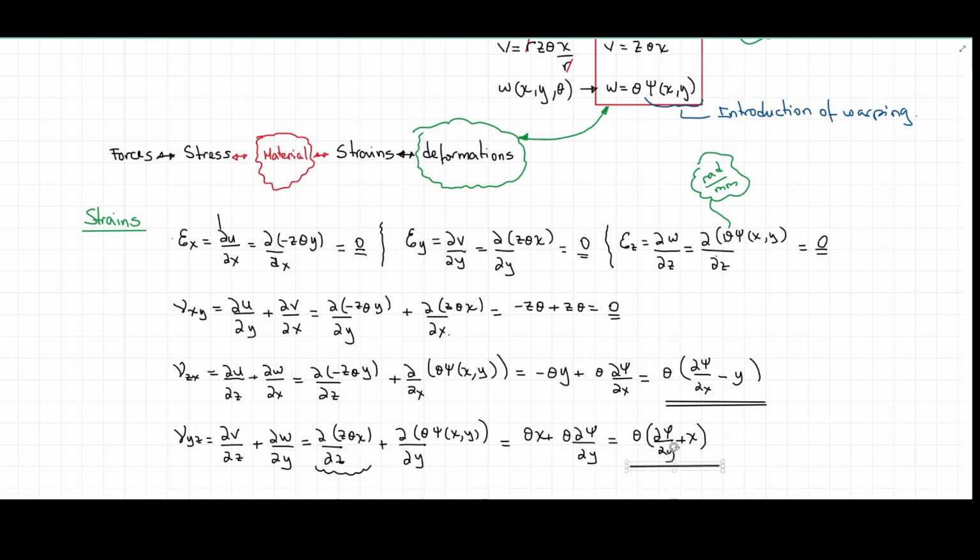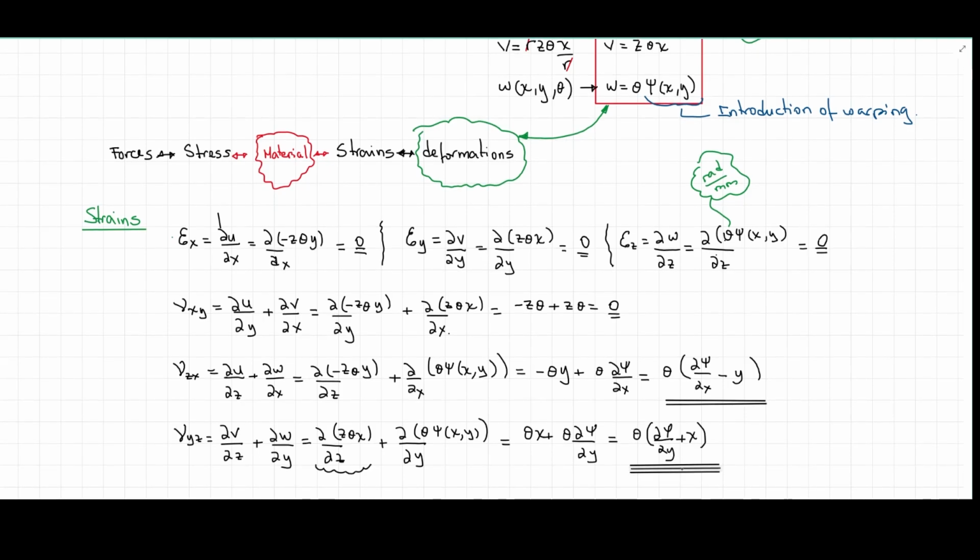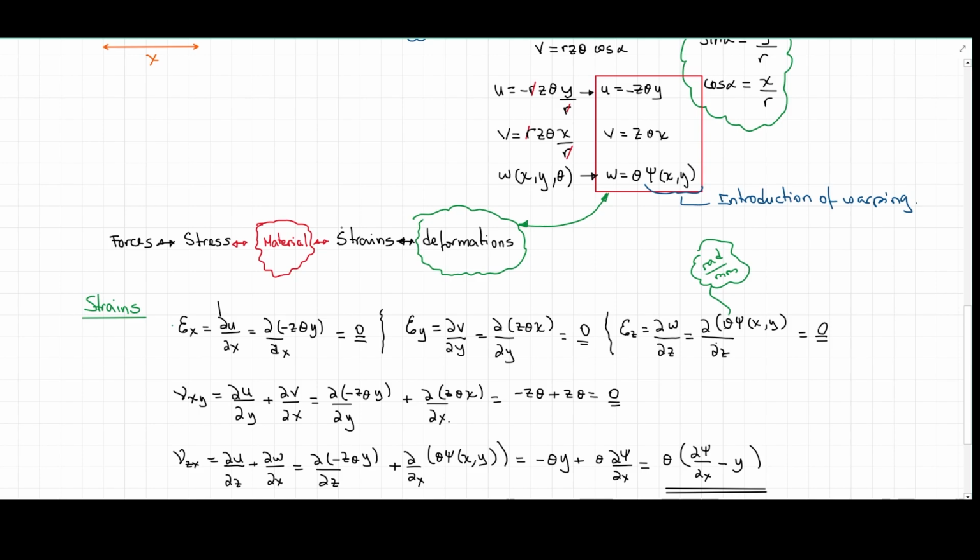So now what's the consequence of having this? What's the physical meaning of having strains equal to 0? Well, let me go back to this part here. If strains are equal to 0 in here, or some of the strains are equal to 0, it means that there is nothing you can do on the material to cause any stress, hence be equivalent to having a force applied there. So if a strain is zero, it is equivalent to say that the stresses caused by that strain are equal to zero.